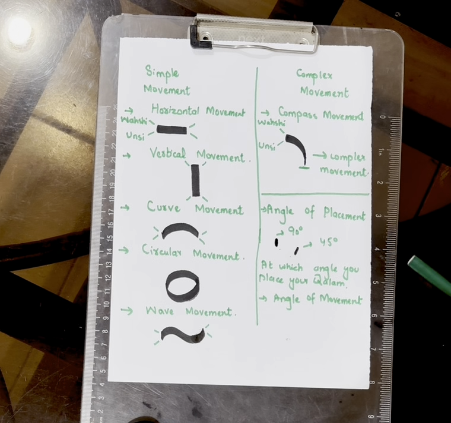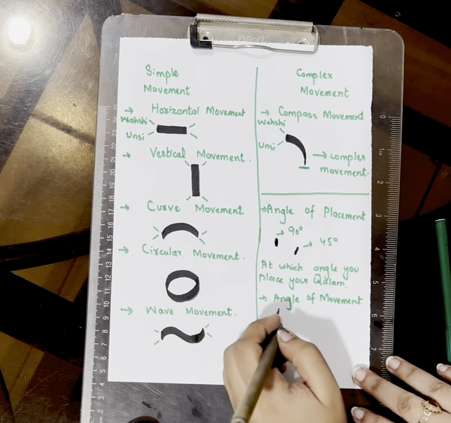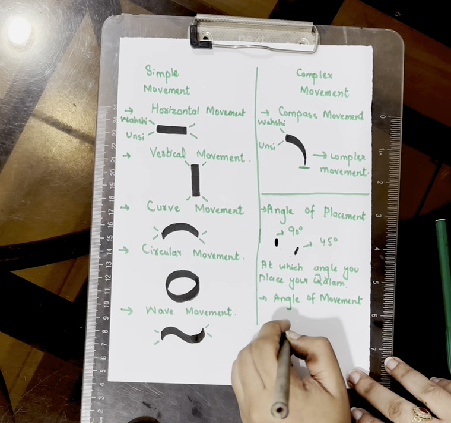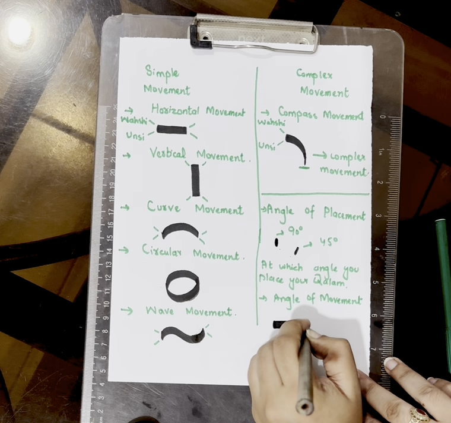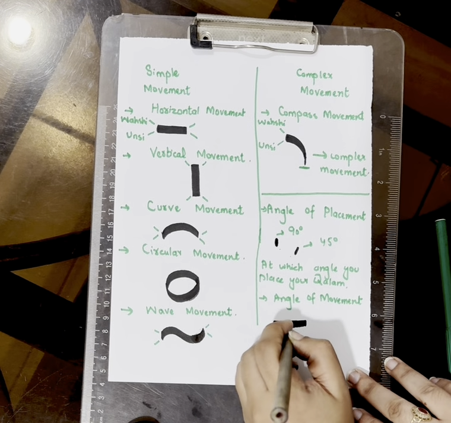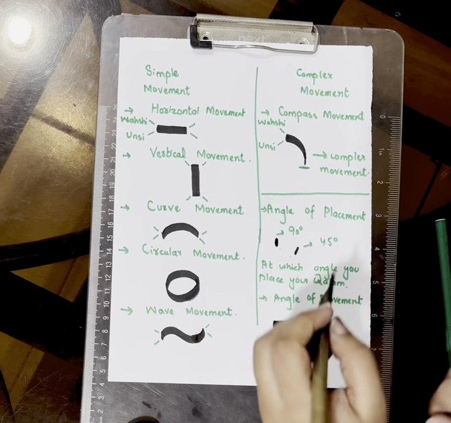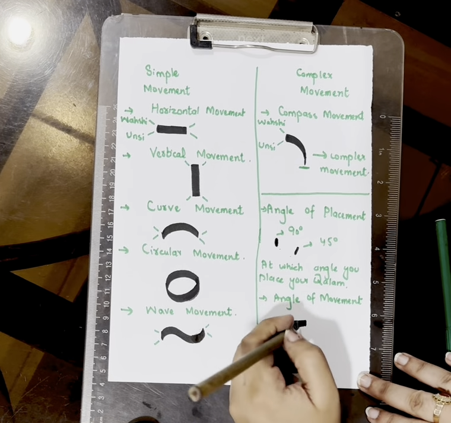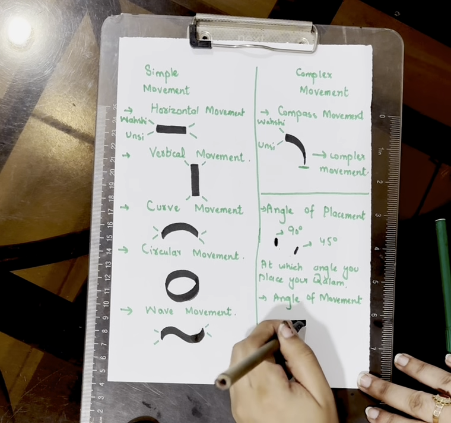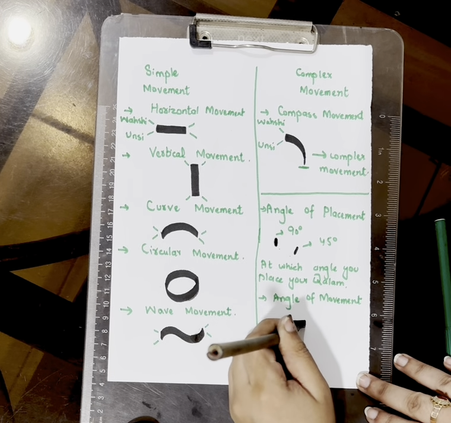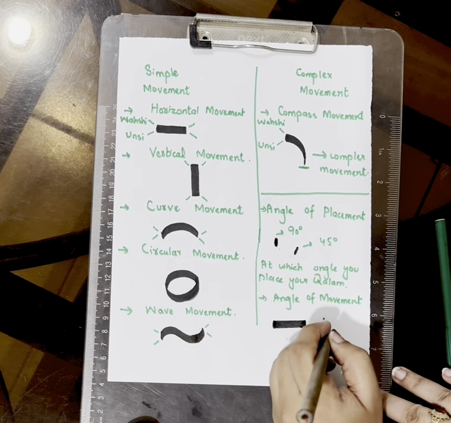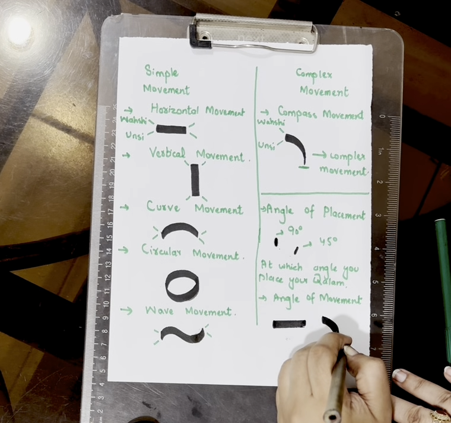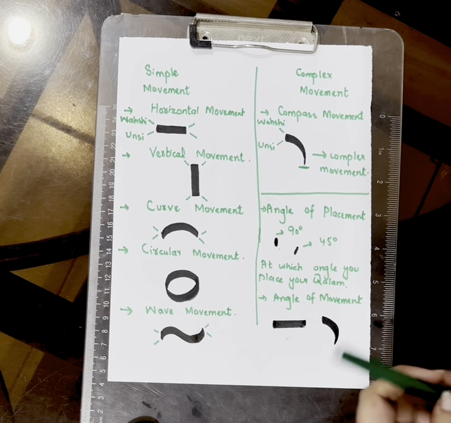Now angle of movement. If you place your kalam at the 90 and you move your kalam at 90, this is the angle of movement of the kalam. If you place your kalam at 90 and move your kalam at 90, if you place your kalam at 90 and move your kalam at a 45, this is the difference.